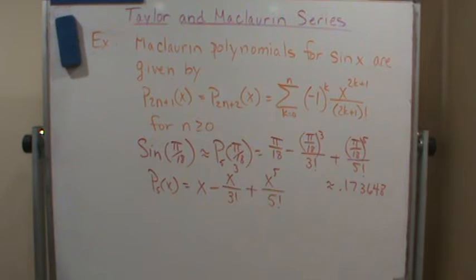Okay, so that's the approximation of sine of pi over 18 using the Maclaurin partial series, or the fifth Maclaurin polynomial.